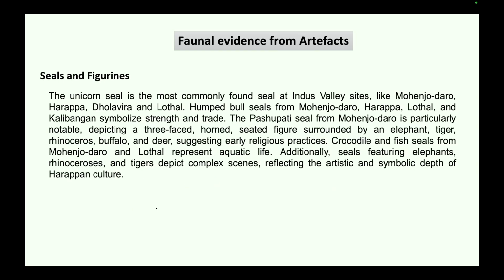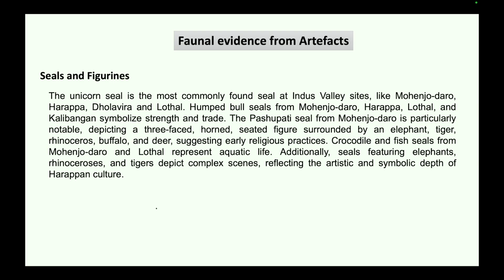Faunal evidence from the artifacts: seals and figurines are ideal for this. The unicorn seal is the most commonly found seal at Indus Valley sites like Mohenjo-daro, Harappa, Dholavira and Lothal. Humped bull seals from Mohenjo-daro, Harappa, Lothal and Kalibangan symbolize strength and trade.